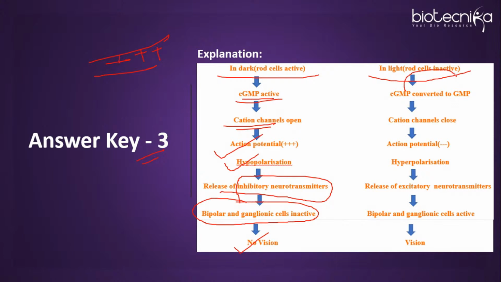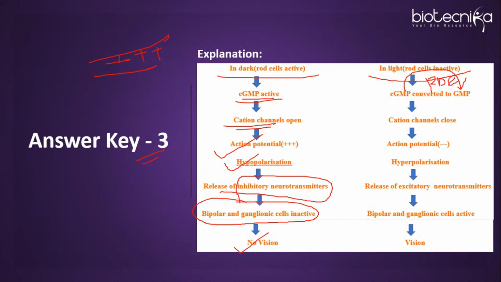Now, during the light conditions, what happens? We have cGMP getting converted to GMP. Which enzyme catalyzes the reaction of cGMP to GMP? Very good, yes, Sahiba, this is phosphodiesterase.